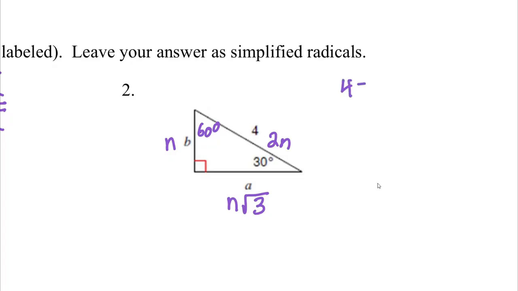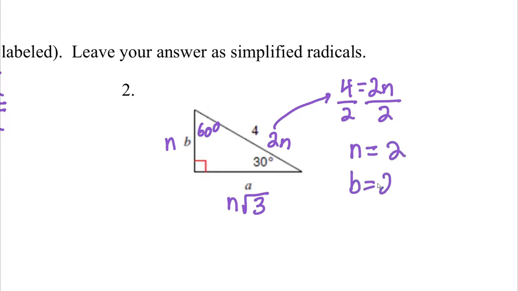We know that 4 is equal to 2n. We get that from this side. So we'll divide both sides by 2, and we'll get that n is equal to 2. So that means b would be 2. And then what would a be? 2 square root 3.